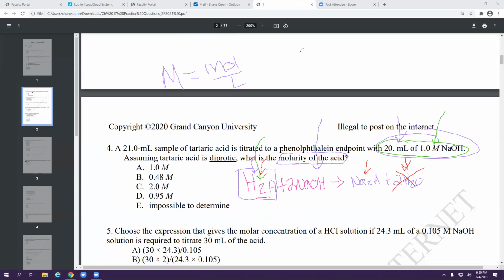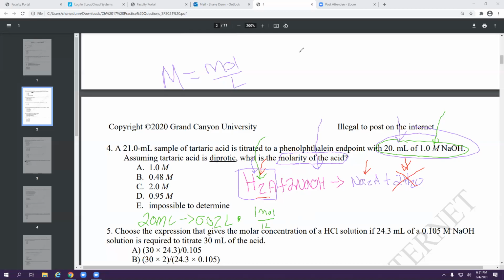Does that make sense? So all I did was take 20 milliliters and convert that into 0.02 liters, and I multiplied that by 1 mole per 1 liter. Does that make sense so far, Madison?